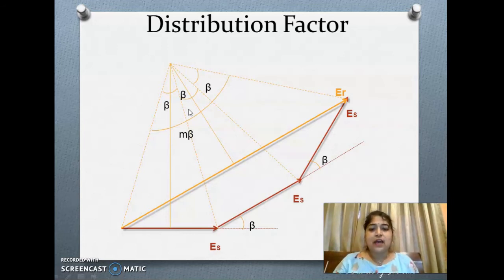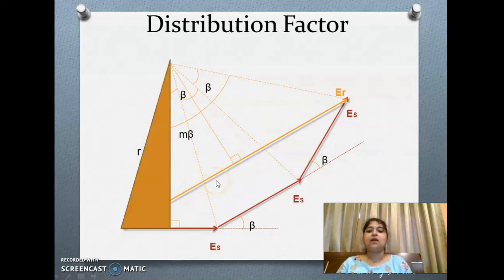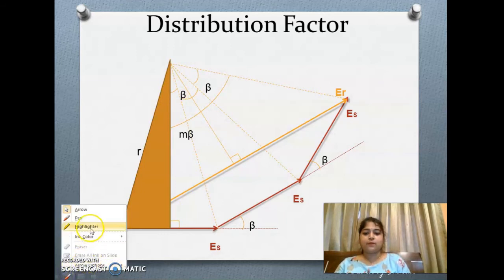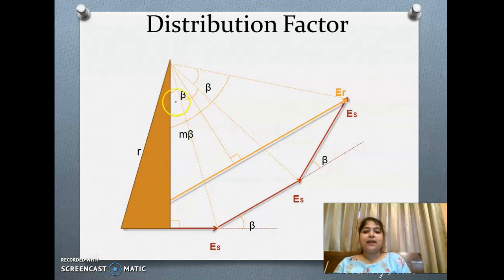Okay, now if this is m beta and this is the radius of the circle, that is R, and this is forming 90° with these two, this is the perpendicular bisector. I'm considering this particular triangle now. Now if I consider this right angle triangle where this is angle beta, this complete angle is beta, that we have just seen.